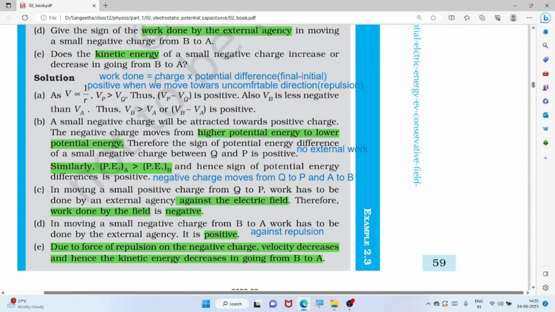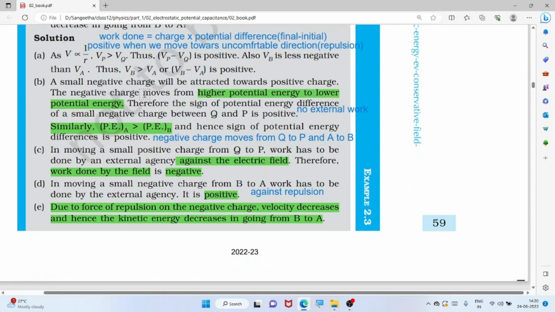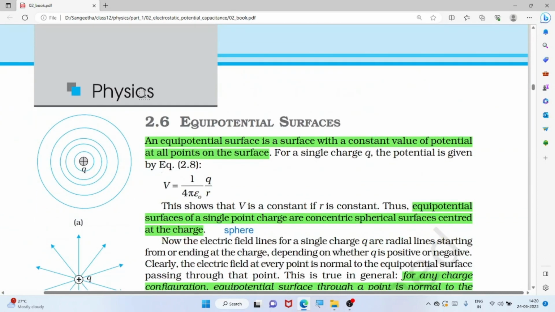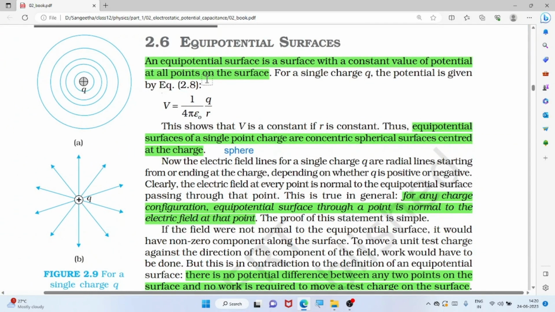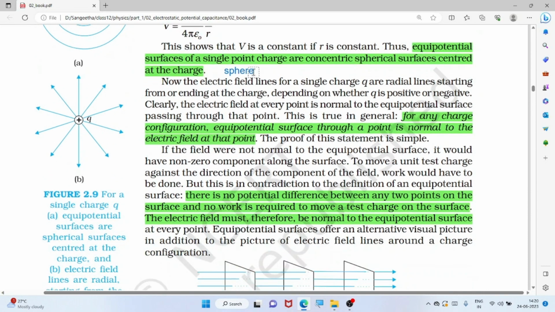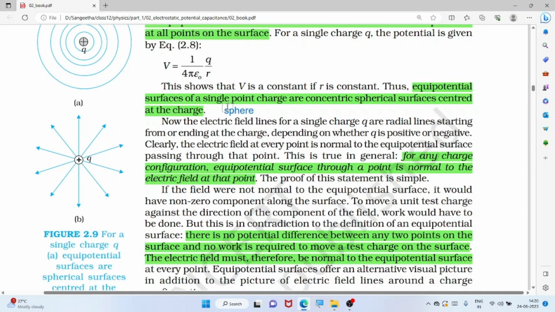Work done is charge times the potential difference. Work done will be positive when moved in the repulsive direction. Equipotential surfaces: on a surface of constant potential, the voltage will be the same everywhere. The equipotential surfaces of a single point charge are shown here.